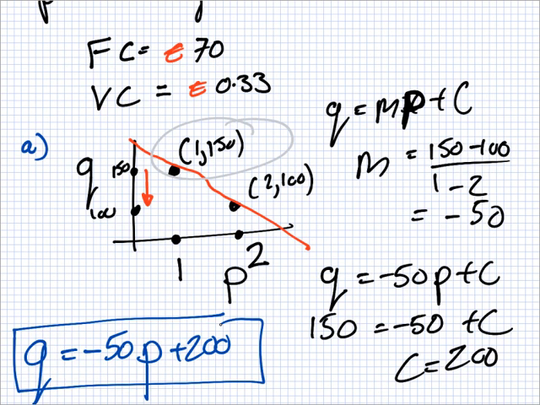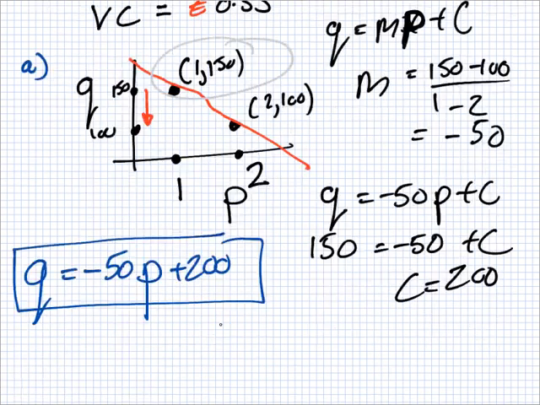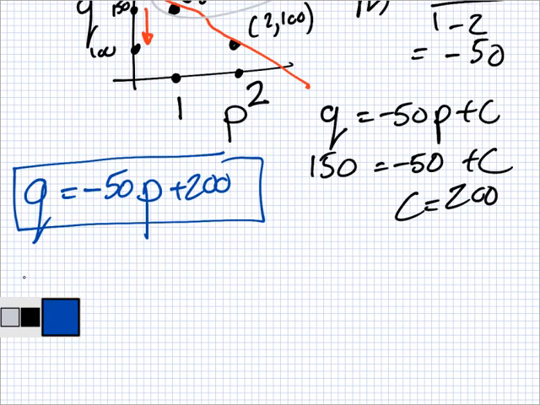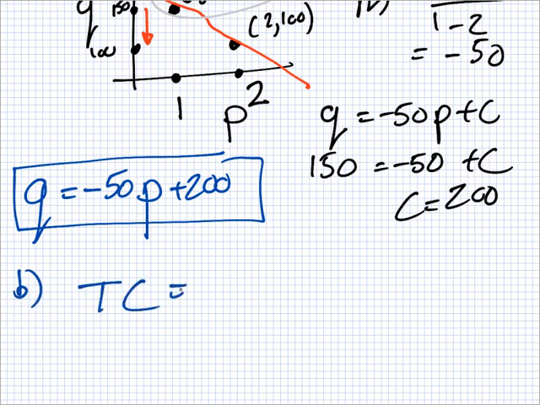Find the formula for the total cost. Right, so total cost. There are two bills that the coffee shop has to pay. The first one, what do we call it? The fixed cost, and the second one, variable cost. So what is their fixed cost? 70.